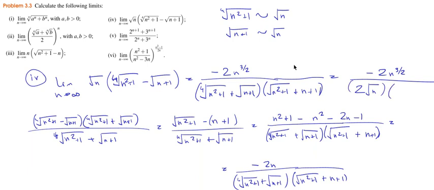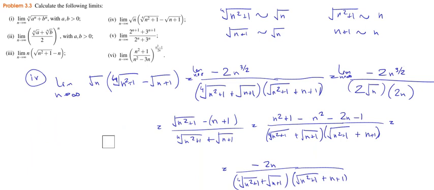And then this here is n squared plus 1 is asymptotically equivalent to n, and then n plus 1 is asymptotically equivalent to n, right? So these two things are 2n, right? So then we have n to the 3 halves, sorry, this is the limit when n goes to infinity, and here the limit as well when n goes to infinity. And let me erase this thing here. Okay.